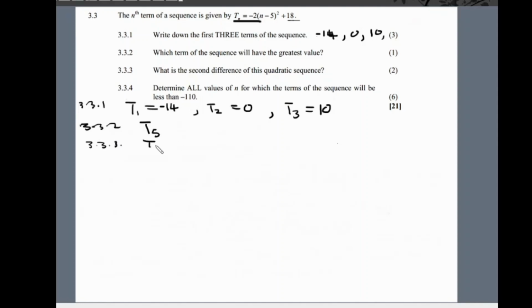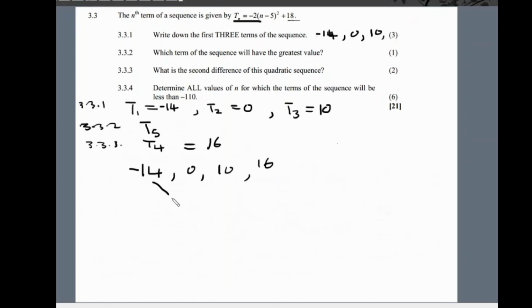Term number 4 is equal to, when you substitute 4 in that equation, you get that term number 4 is 16, right? We already have the first 3 terms, so we'll write -14, 0, 10, 16, right?